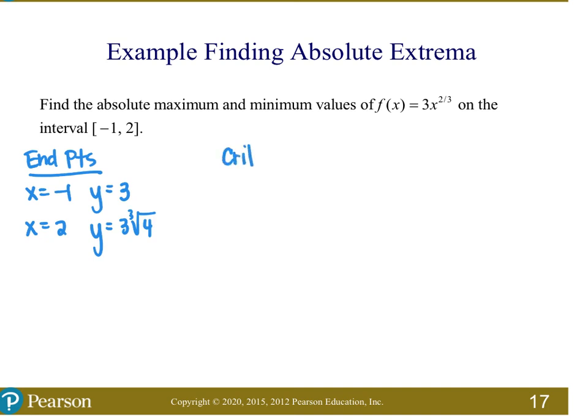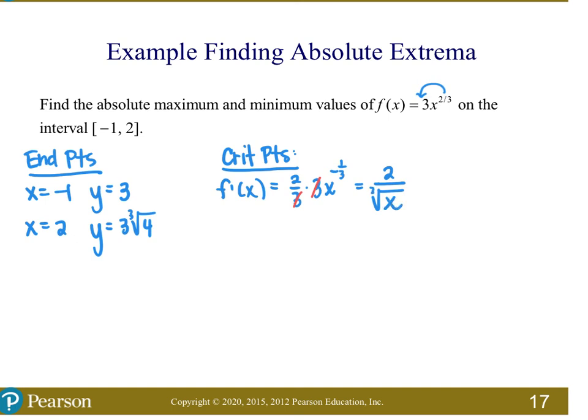All right, let's check the critical points, which means we need our derivative, f prime. Do you remember how to do these derivatives? You move the power to the front and then subtract 1 from the power. So that would be 2/3 in front of 3 to the x, and now we move the power down 1, which is -1/3. Then we can reduce. This 3 reduces that 3, and so we have 2 over the cube root of x.